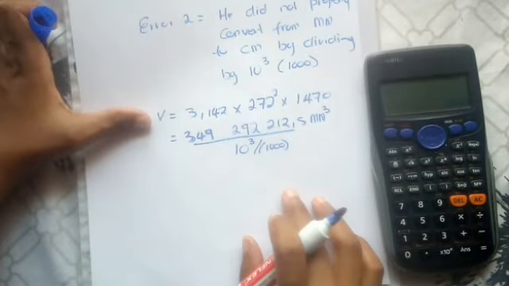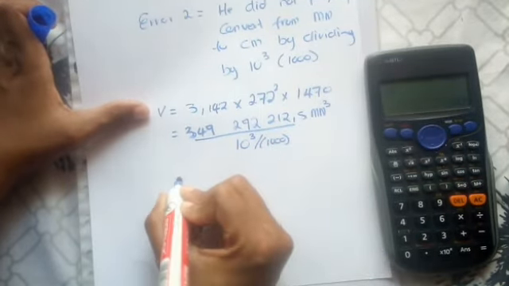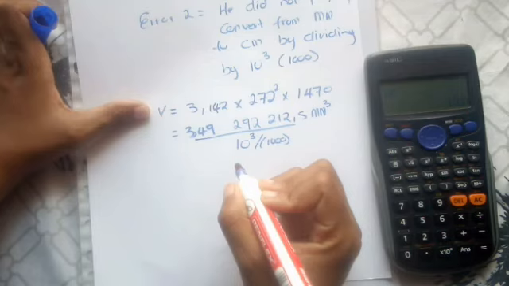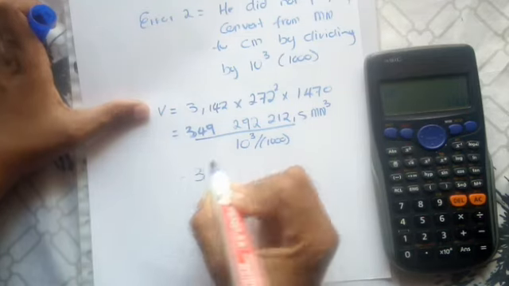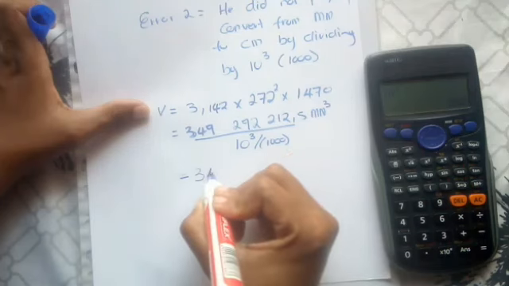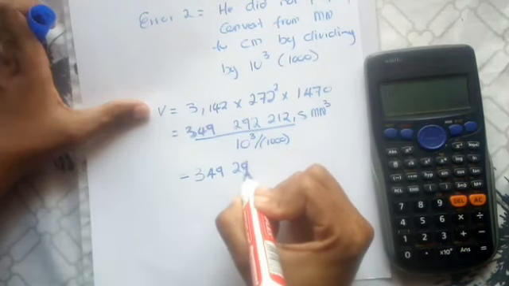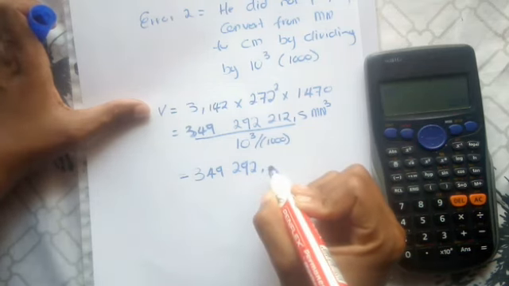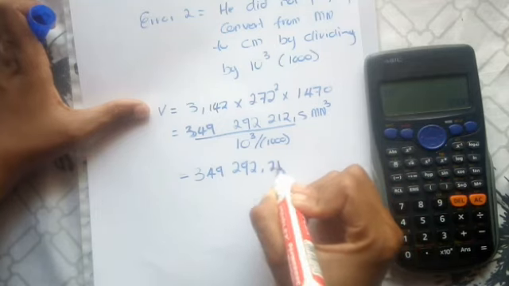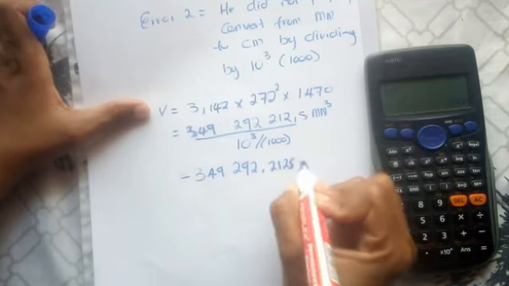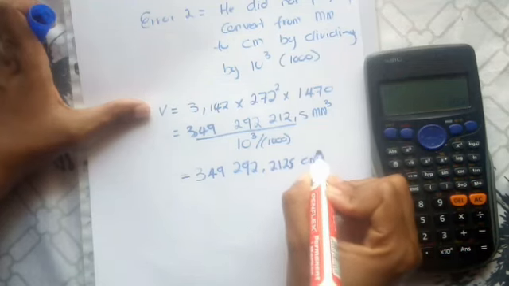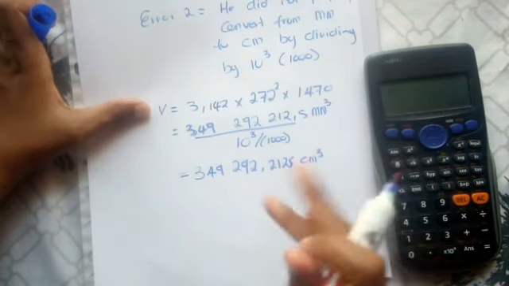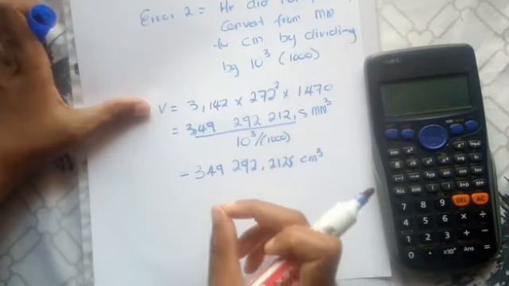So you are going to divide this by 10 cube or by 1,000, and it is going to give you 349,292,2,125 centimeter now cube.